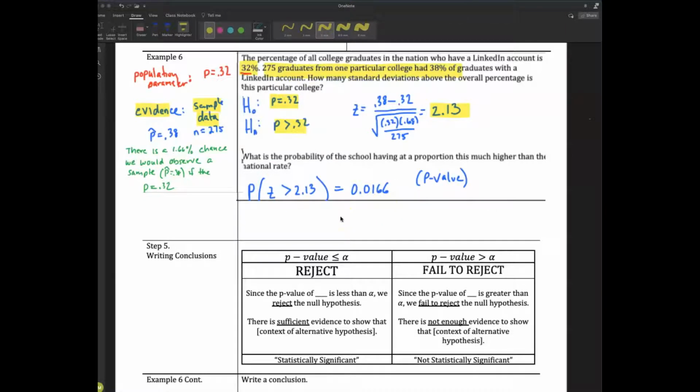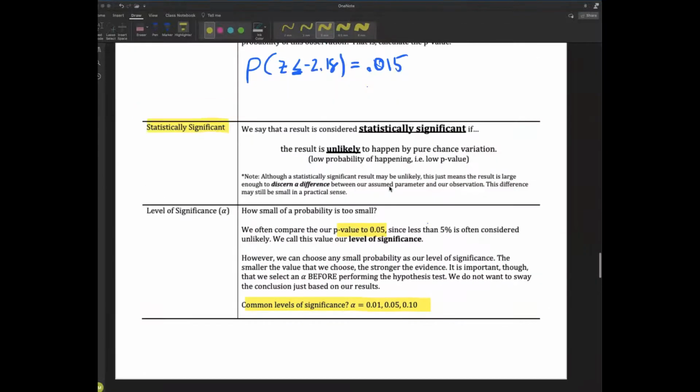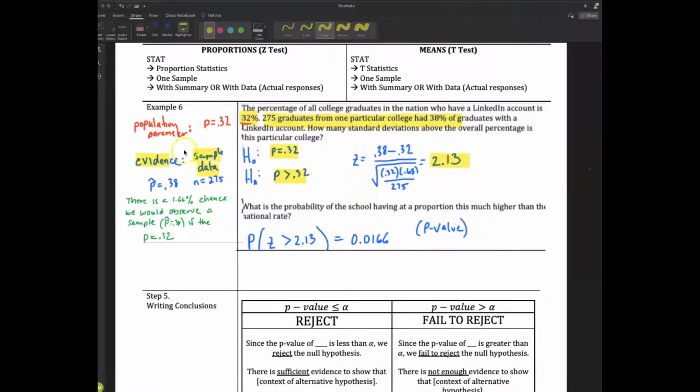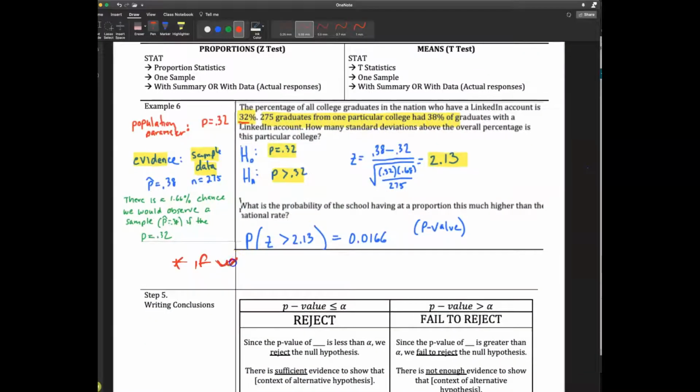Well, this goes back to this statement here, something statistically significant. So if we use an alpha equals 0.05, then what do we know? This is statistically significant.